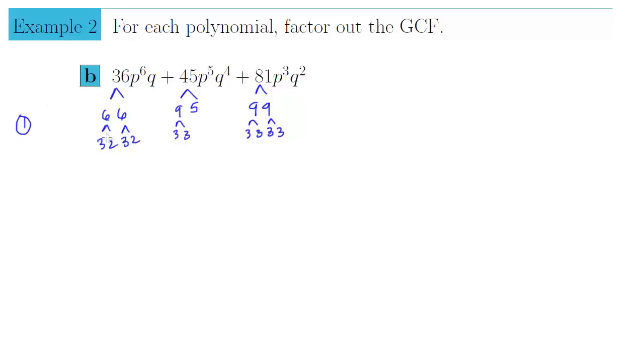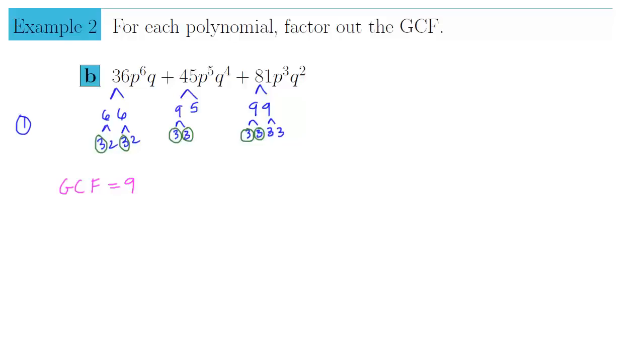So we see in all of the numbers there's 2 3s, and that's it. Right? The 36 has 2 2s, but the 45 doesn't have a 2. The 45 has a 5, but the 81 doesn't have a 5. Right, so there's nothing else in common, which means as far as the coefficients are concerned, the GCF must contain a 9 in it, right? 3 times 3.